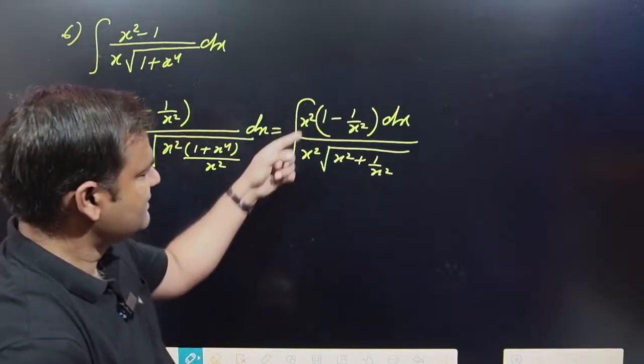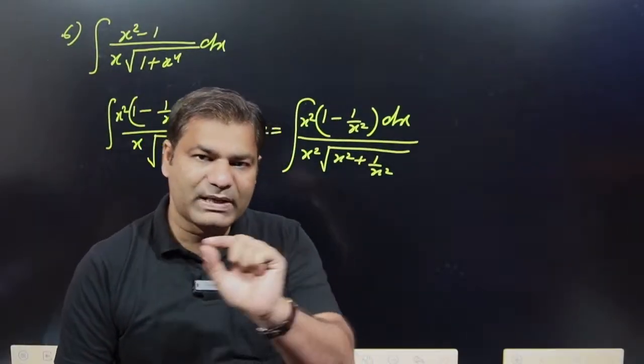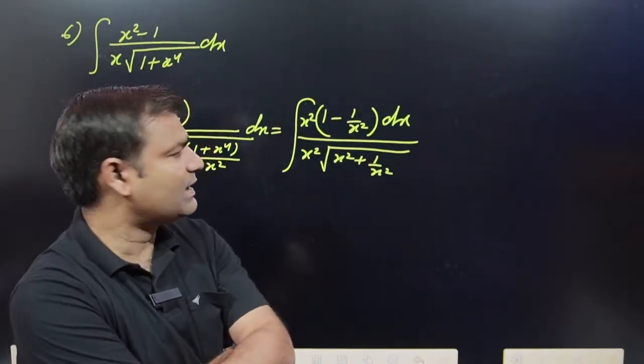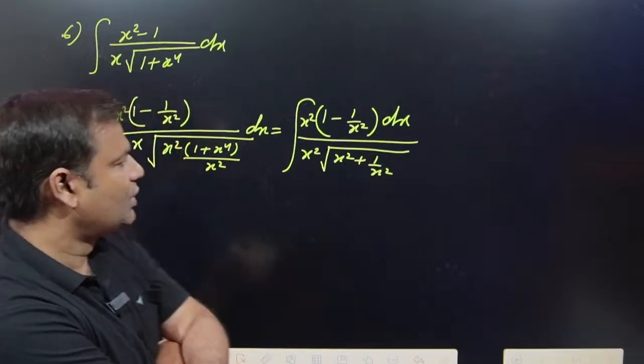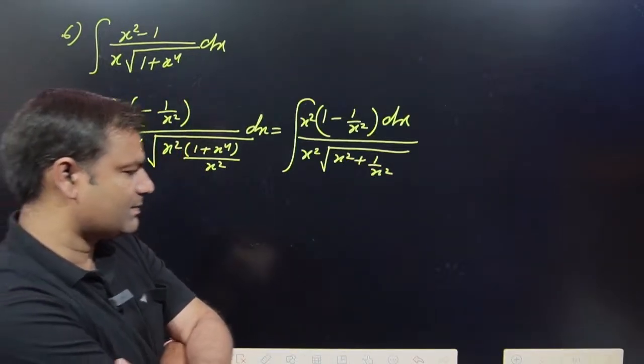This cancels, so 1 minus 1 upon x square into dx divided by under root of x square plus 1 by x square.